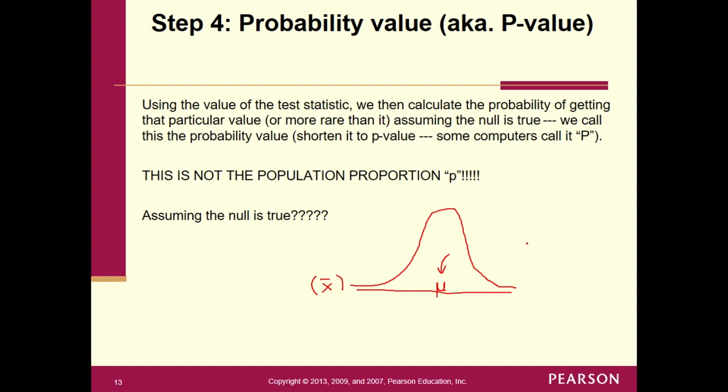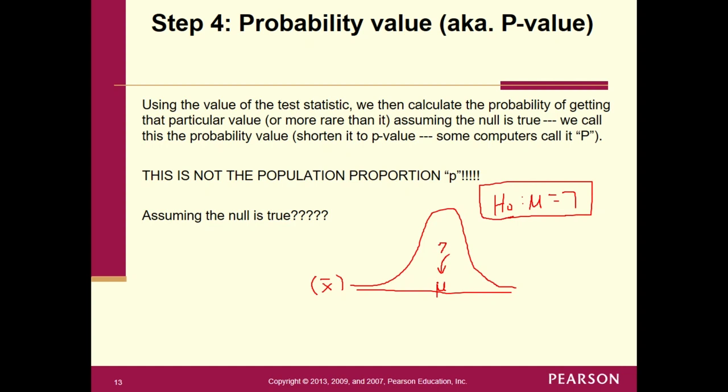So what we're saying is that if we set the null hypothesis, mu is equal to, say, 7, we're going to theoretically place 7 right here in the middle. Why? Because we're going to assume that the value for the null is temporarily true.